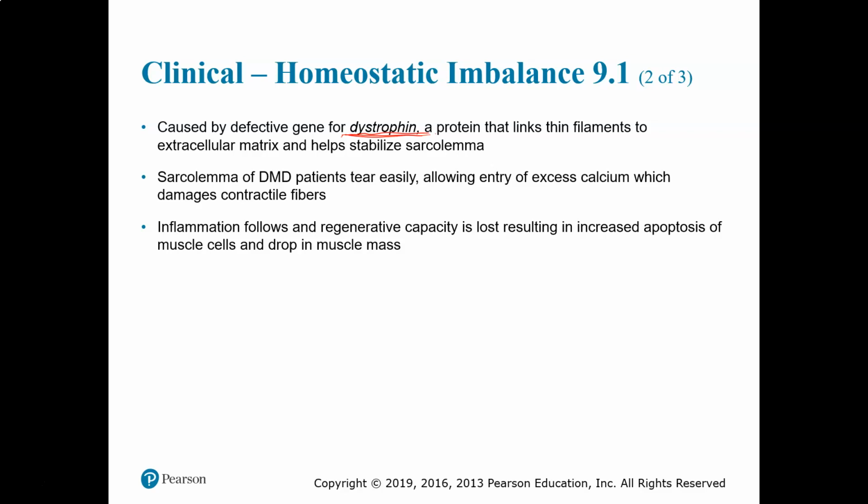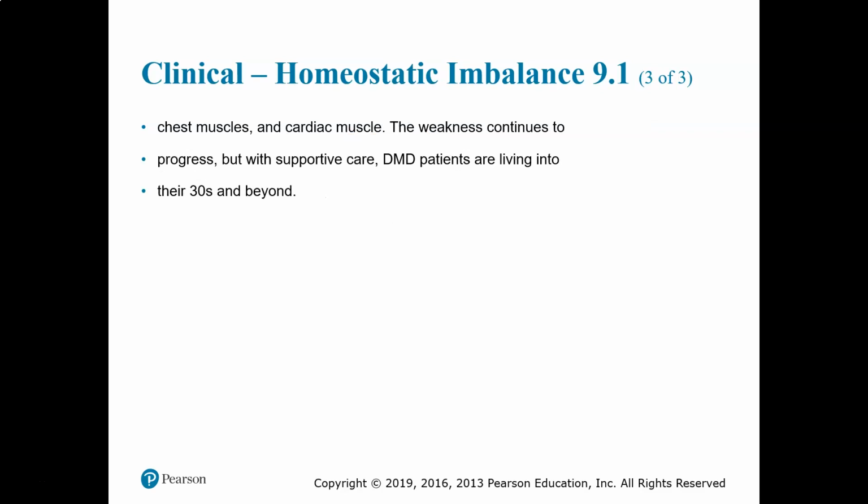So the sarcolemma tears easily, which allows excess calcium to enter the muscle fiber, and it will damage the muscle fiber. And that can lead to a drop in muscle mass over time, which is going to lead to falls, falling down, and just lack of coordination.